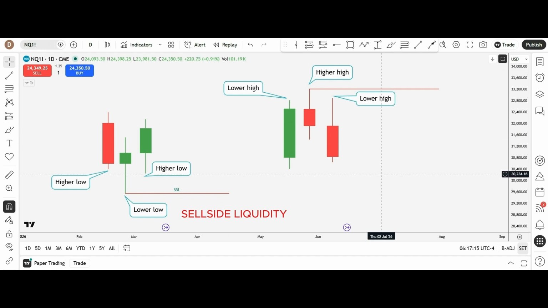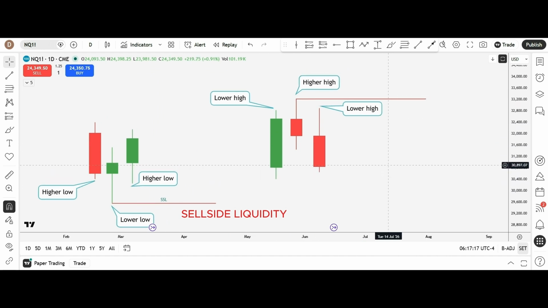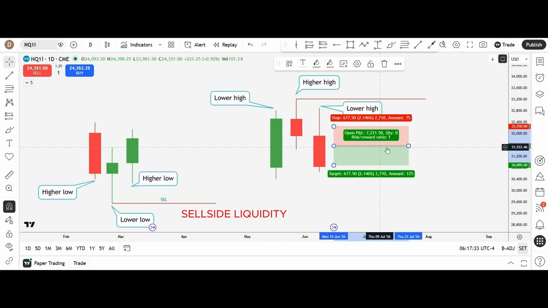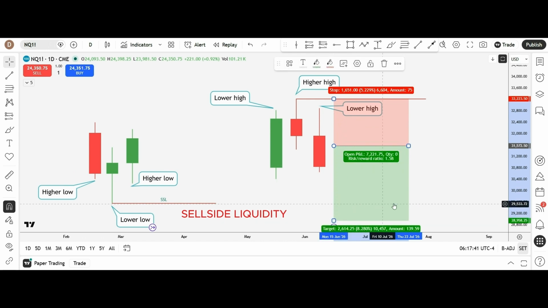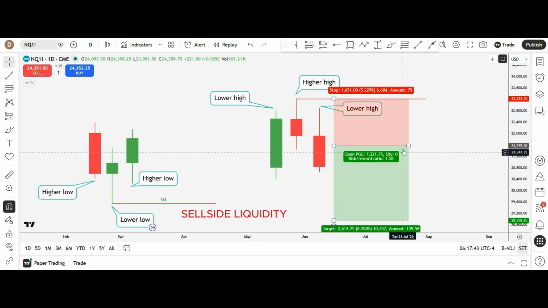In the same idea, when a trader sees that from an upwards trend there is a shift to a downwards trend, they will want to go short in this area, let's say, setting their stop losses above this swing high and targeting lower prices.